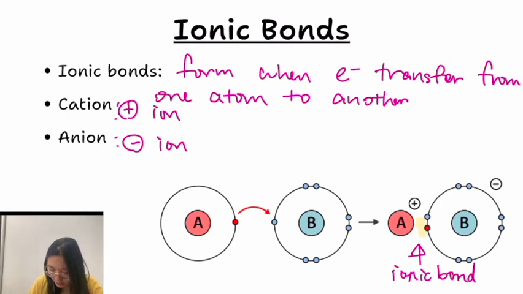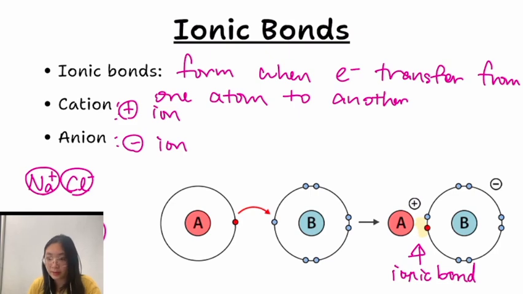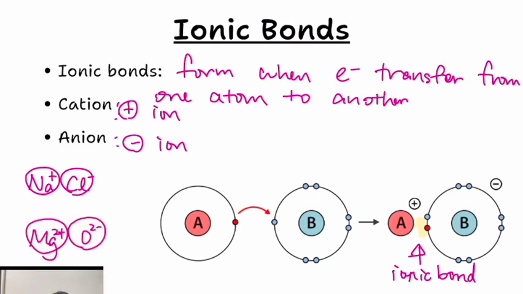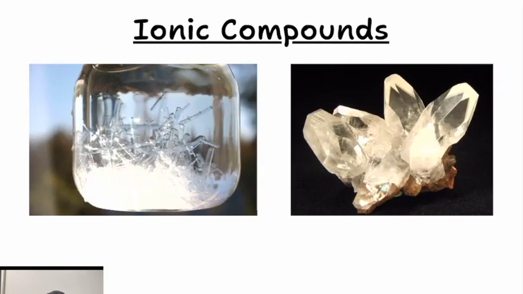For example, in sodium chloride, sodium forms a sodium cation, and chlorine forms a chloride anion. Cations and anions attract each other. Or let's say magnesium oxide: magnesium becomes a magnesium cation, and oxygen becomes an oxide anion. There is a strong attraction between two opposite charges, which is the ionic bond.